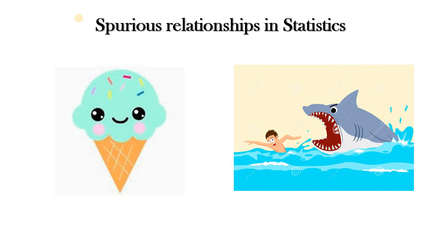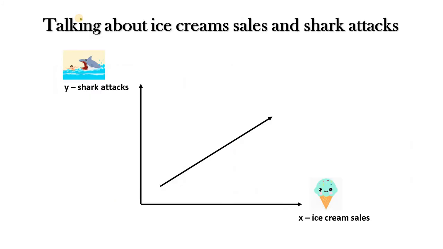So in one column of your data set, you have the number of ice cream sales, and in another column, the number of shark attacks. Imagine that you run a regression model for policy analysis where you attribute ice cream sales as your main independent variable and shark attacks as your main dependent variable.